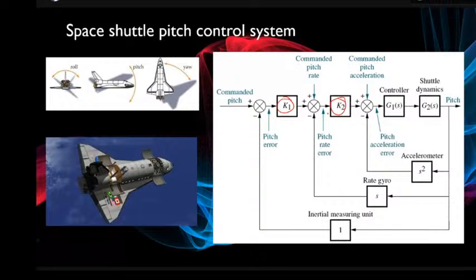These are two parameters now, and your control system may have multiple such things. Then there is a controller, the shuttle dynamics transfer function, and an accelerometer. Then the gyroscope, that is velocity, it will determine the pitch rate, I can say. Then this is a position or inertial measuring unit. So all these will work together.